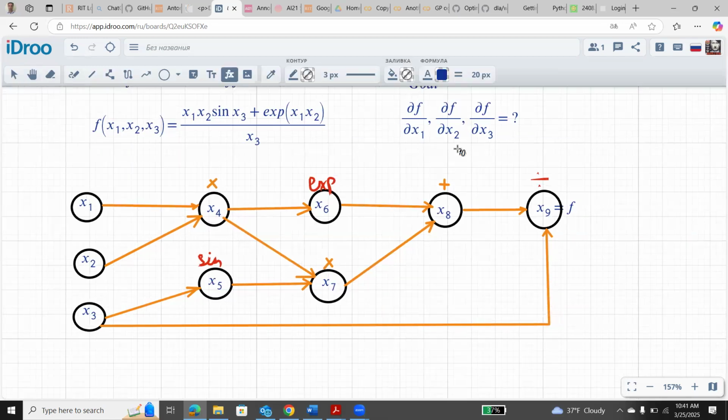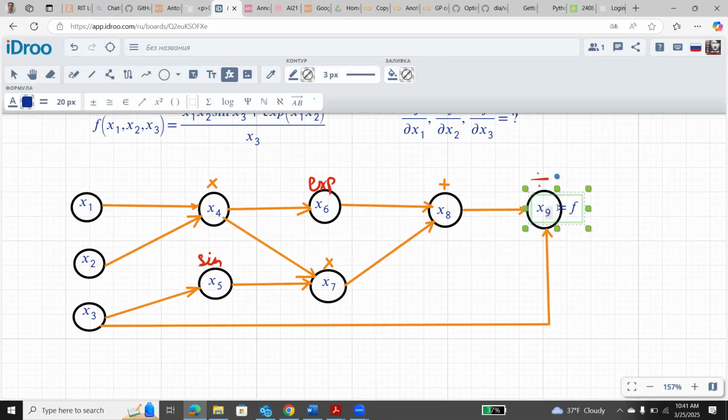And now we want to calculate the derivative of f with respect to x1, for example, which is the same as the derivative of x9 with respect to x1.